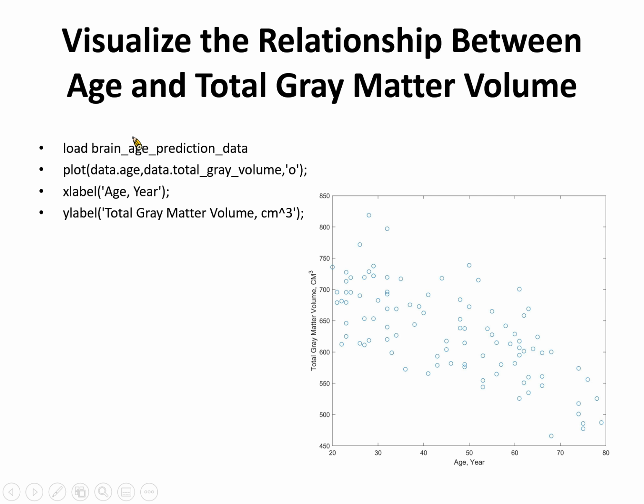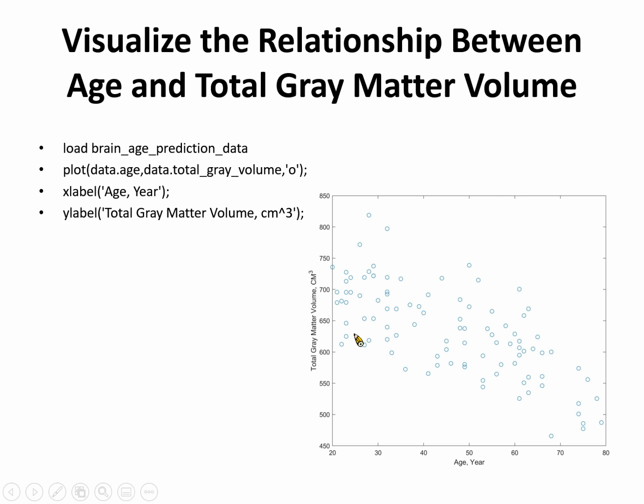Then you just plot data.age against data.total gray matter volume, with the O shape dot, and you will have this result. We can also label the horizontal axis as age in years, and the vertical axis as total gray matter volume in cubic centimeters.